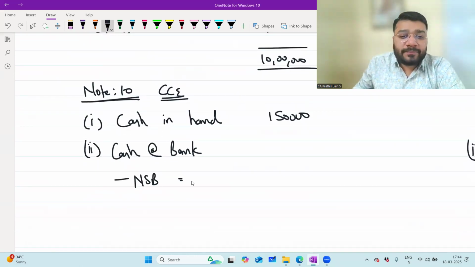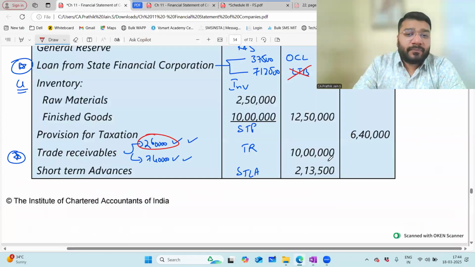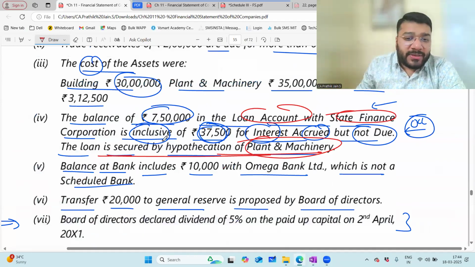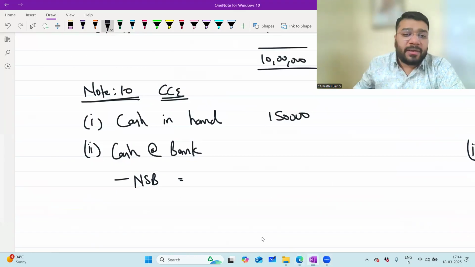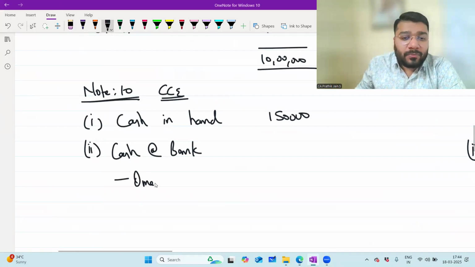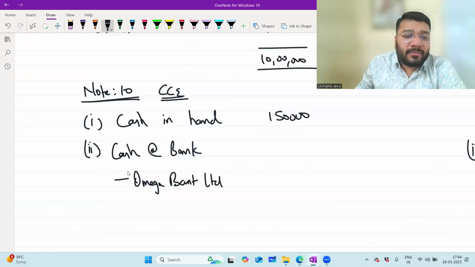Non-scheduled bank. So total money in the bank is 12,35,000. In that, the question says this 10,000 is with Omega Bank Limited, a non-scheduled bank.